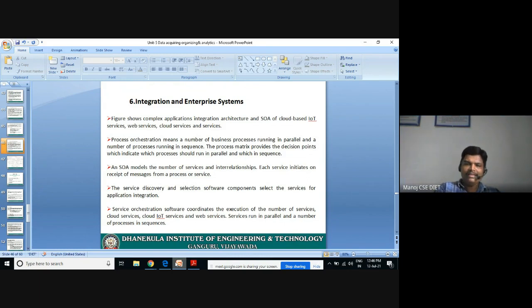Each service initiates on the receipt of messages from a process or from a service. I am getting some input, some messages here, and based on those messages I can proceed through the process and provide my service. Without such a message from other services with which I have some interrelation, I cannot achieve all this.